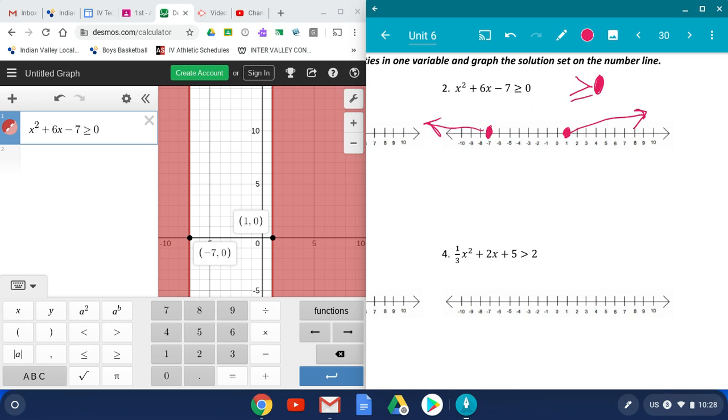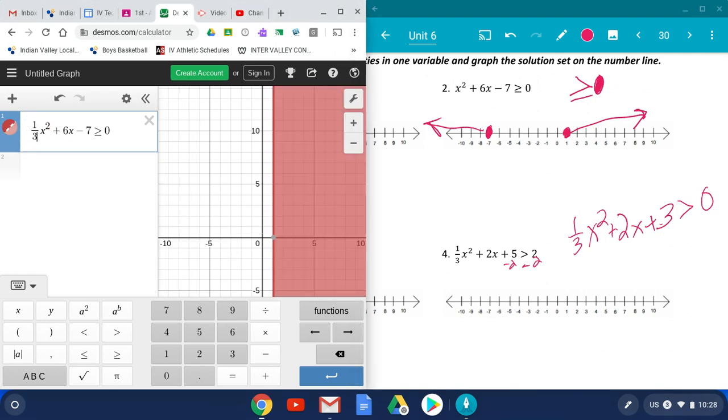If I look at number 4, I can see I have this 2 over here by itself. So I got to get rid of that first. So I got to subtract 2 and subtract 2. So I'm left with 1/3 x squared plus 2x plus 3 is greater than 0. Now I can plug that into Desmos.